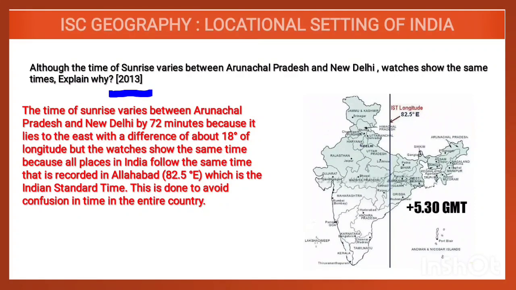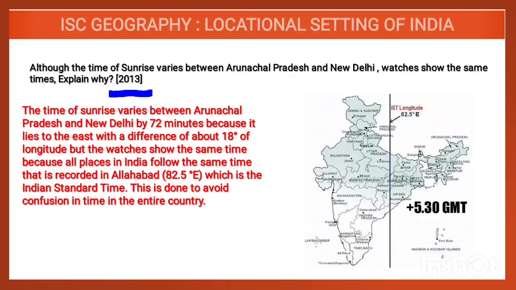Why does this happen? Because Arunachal Pradesh lies to the east with a difference of about 18 degrees of longitude. But the watches show the same time because all places of India follow the same time that is recorded at Allahabad, UP, that is 82 degrees 30 minutes east, which is considered the Indian Standard Meridian.